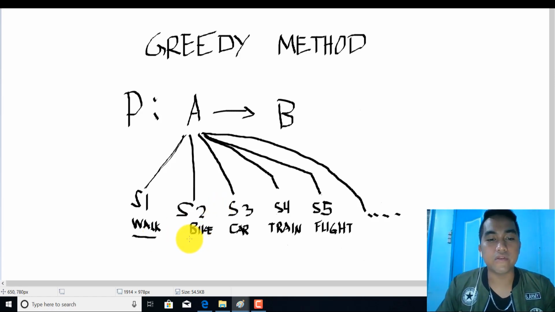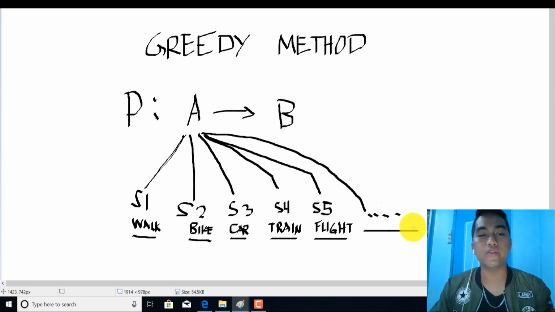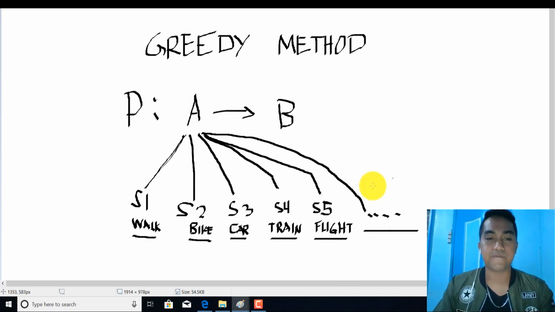Also, I can go from point A to point B by bike, by car, by train, and also by flight. And you can have other solutions for traveling from point A to point B. So these are the following solutions.